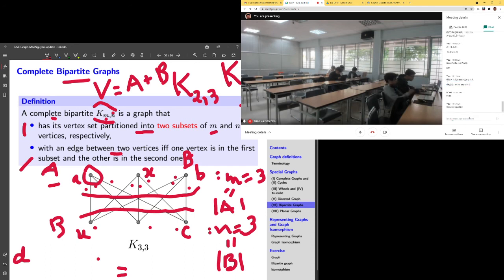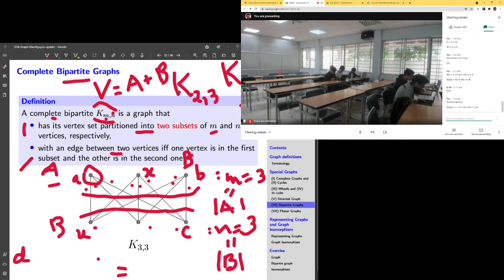Okay, when you have the not complete bipartite, I write the condition for you now, and you can observe. This is the condition. You see the difference, right?